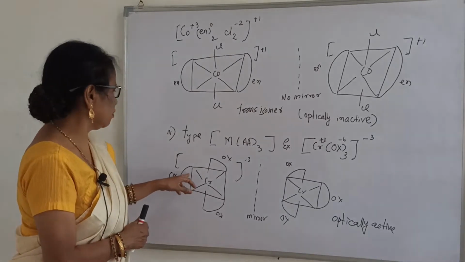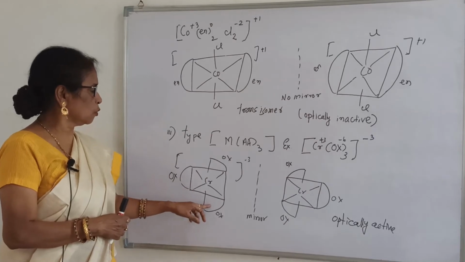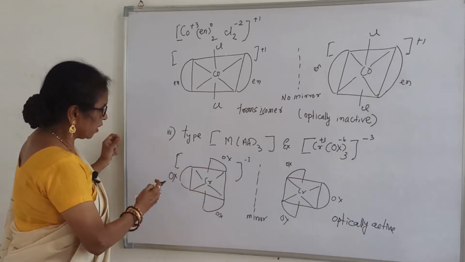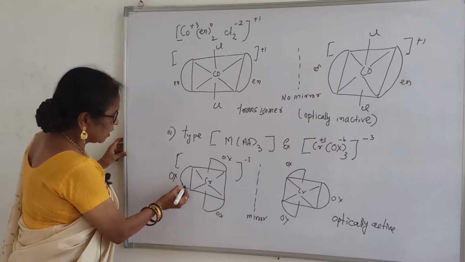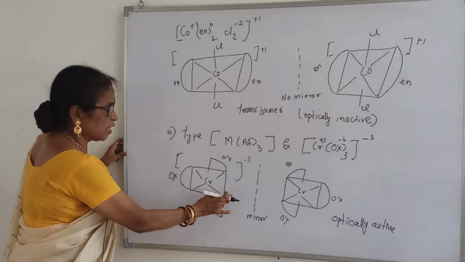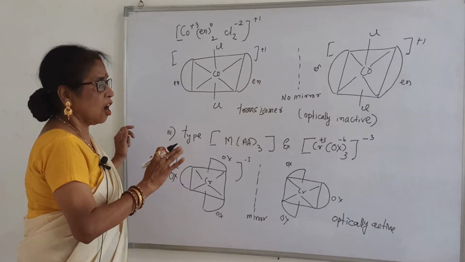Now what happened, you see this is the oxalato three times, so here 1, 2, 3, because there should be a gap. If you start from here, leave this one, then come to this and leave it, then come to this. These are the three oxalato ions.